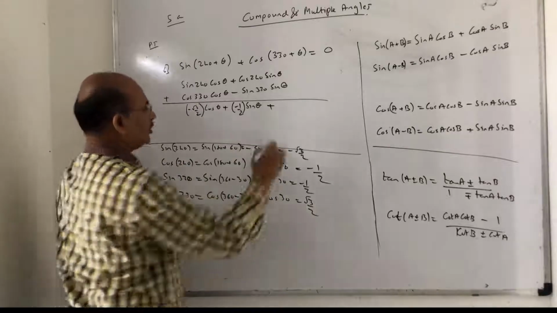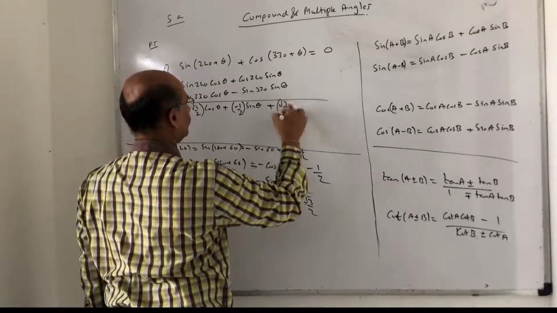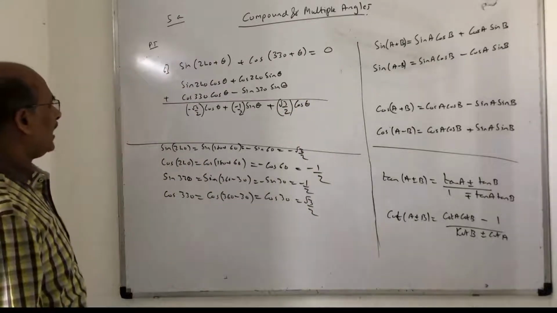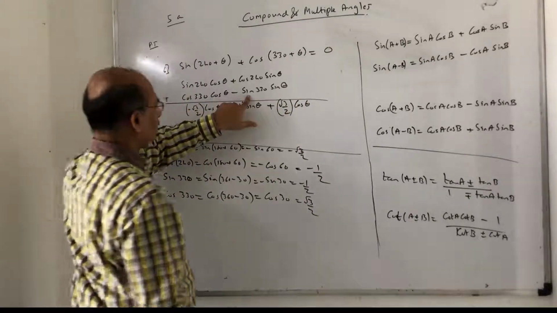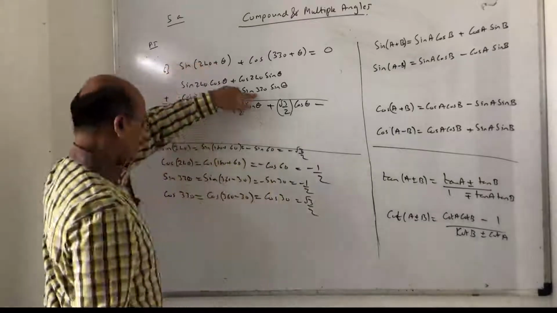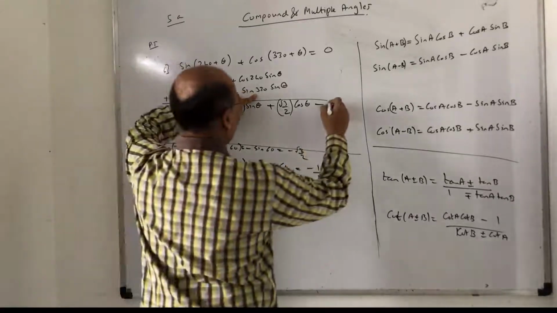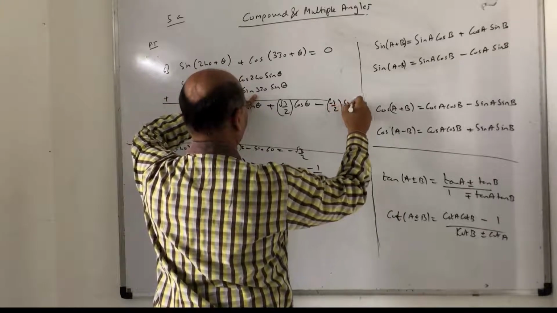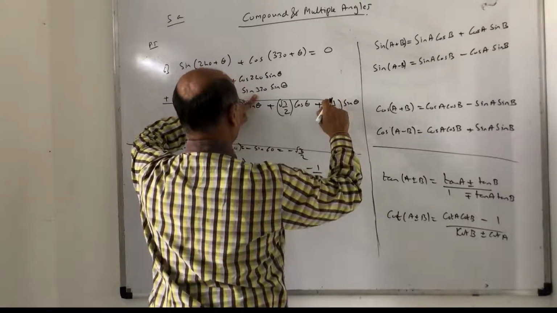Cos 330 is root 3 upon 2 cos theta, right? And minus sin 330. What is sin 330? Minus half. Minus half into sin theta. So minus and minus become plus.